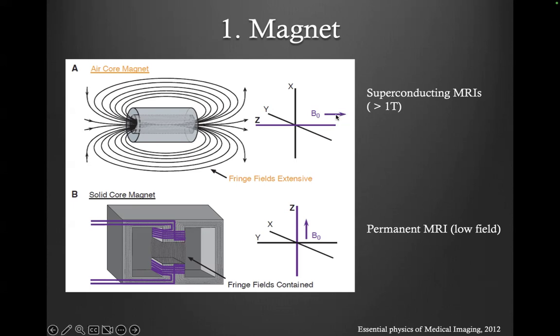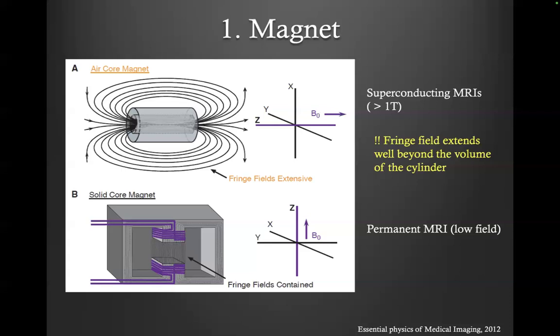But if you notice, there is a lot of field outside, because the magnetic field goes one direction inside, but then it has to go back. So you have a lot of so-called fringe field. It extends far beyond your scanner. That's why we need to be careful about that. Just know the fringe field extends way beyond the volume of the cylinder.